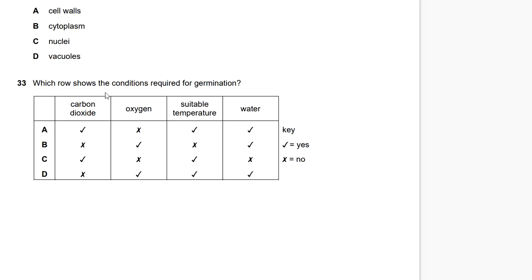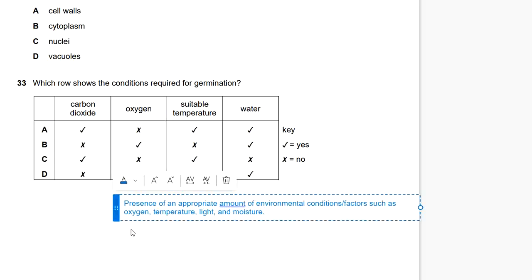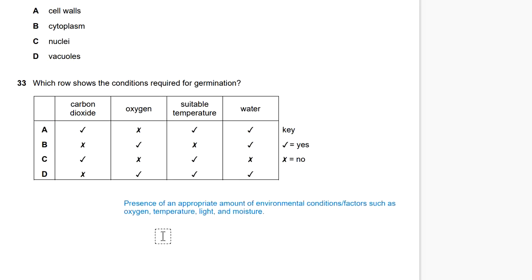Which row shows the conditions required for germination? What is needed for germination? In germination, there should be an appropriate amount of environmental conditions such as oxygen, temperature, and moisture. It does not talk about carbon dioxide. So these choices are not okay because they talk about carbon dioxide.